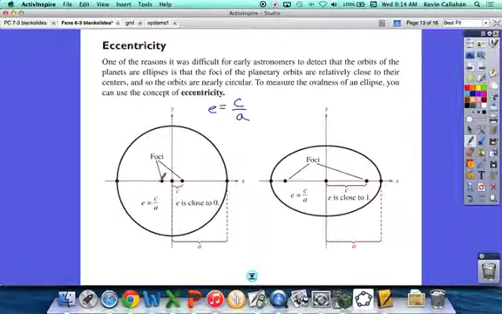Right, the next one, the c was about 4.9. And the a we figured out was 6. So you turn that into a decimal.